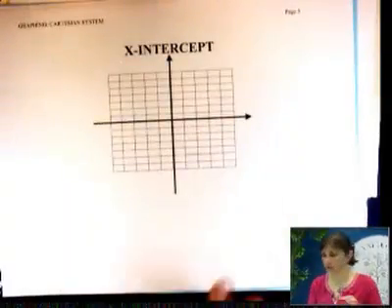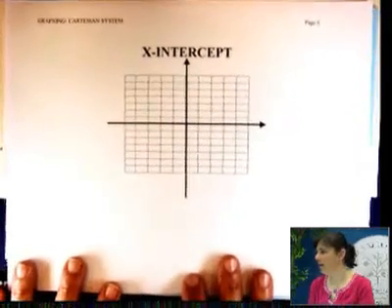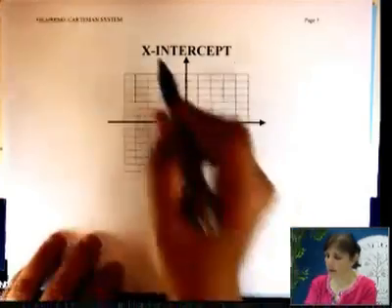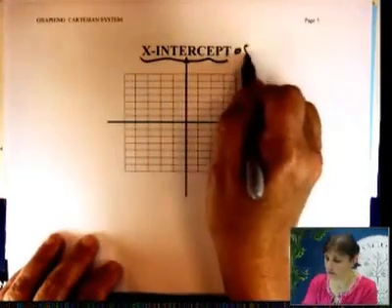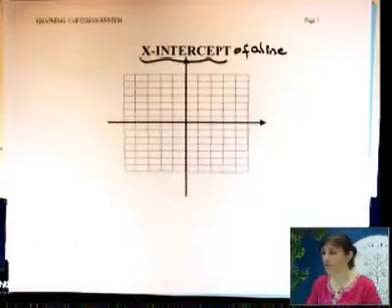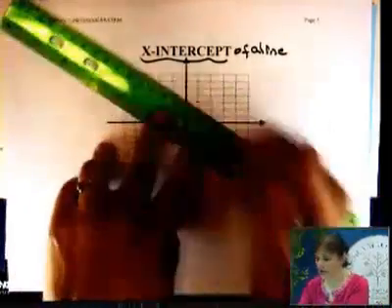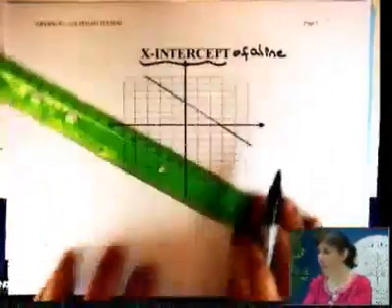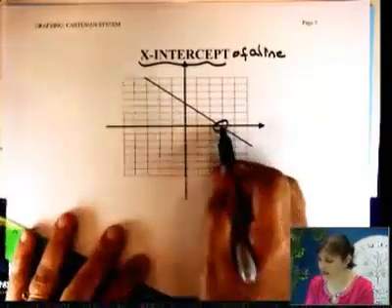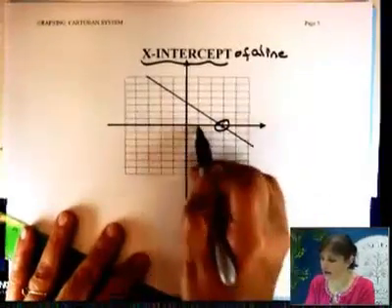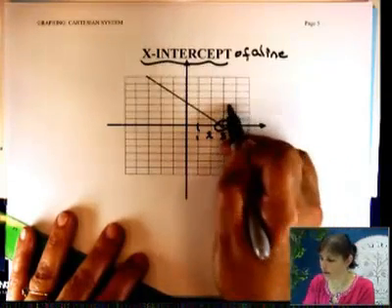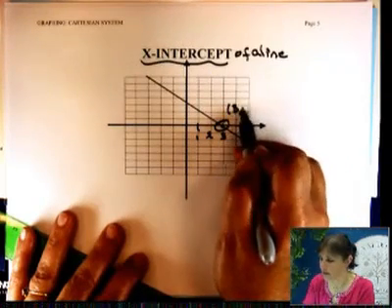Let's talk about x-intercepts. X-intercepts are points on the x-axis, and we are talking about the x-intercept of a line. Now, if we are talking about a line, let's draw a line, it doesn't matter what it is. This point is my x-intercept. And let's look at the coordinates of that. If this is 1, 2, 3, the coordinates of that point is simply 3, 0.